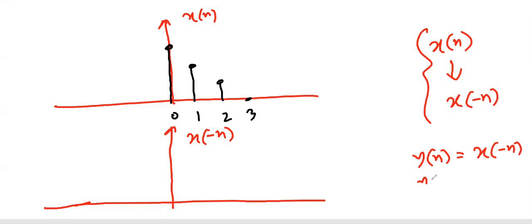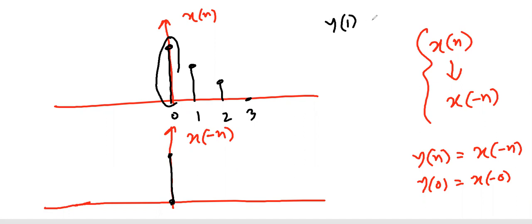So if I want to find y[0], what will be the value? x[-0], that means it is equivalent to x[0]. So the same sample will be placed at the 0th position. Okay, fine. If I want to find y[1], that means what will be at the first point?